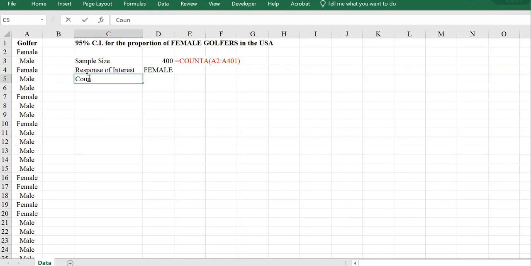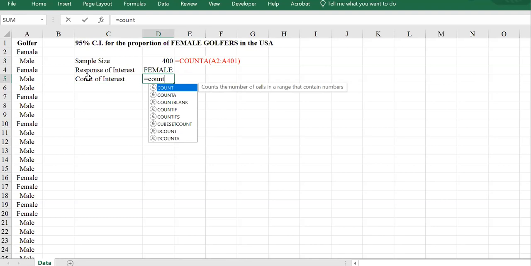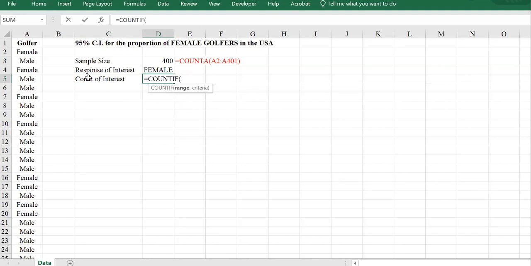So count of interest, or count of females, simply COUNTIF is female. Count in column A if it's female.